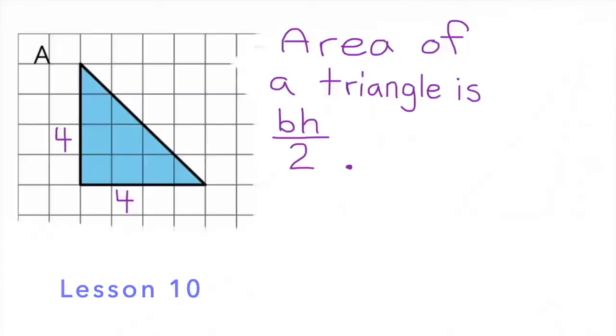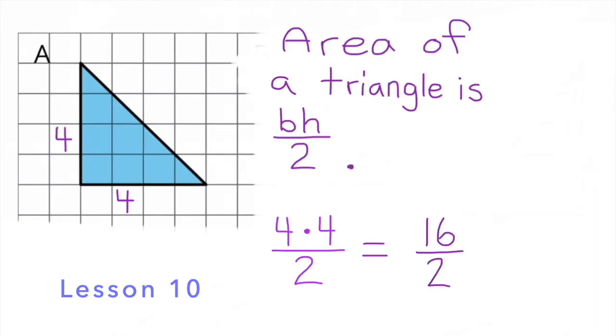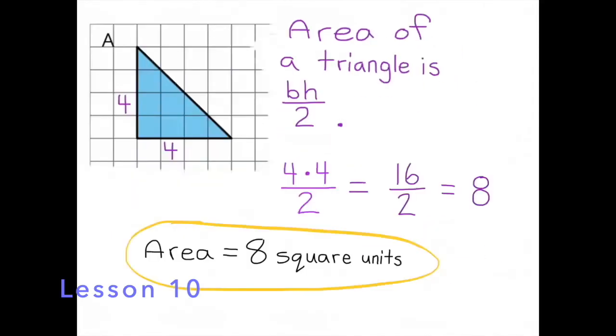The formula for finding the area of a triangle is base times height divided by 2, or half of the base times height. So in this case, in triangle A, it's 4 times 4 divided by 2, or 16 divided by 2. Triangle A has an area of 8 square units.